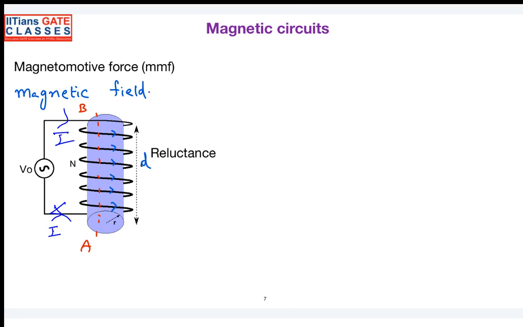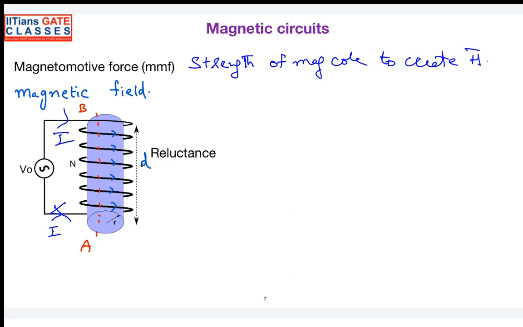When you want to analyze the magnetic circuit, you have to understand some of the parameters. That is the magnetomotive force. The magnetomotive force is basically defined as the strength of the magnetic core to create the magnetic field.